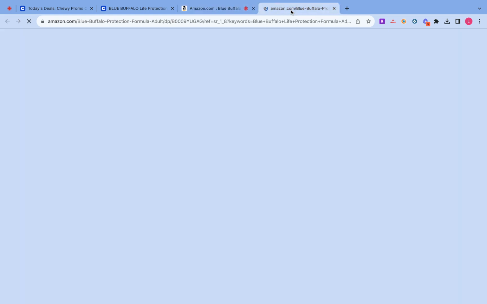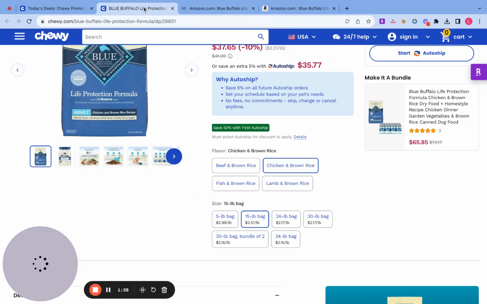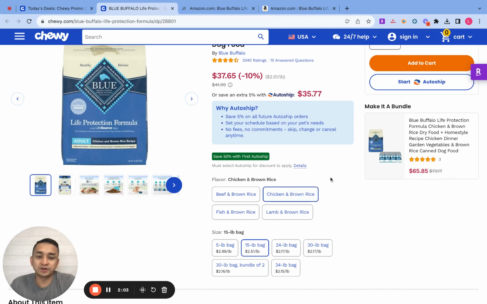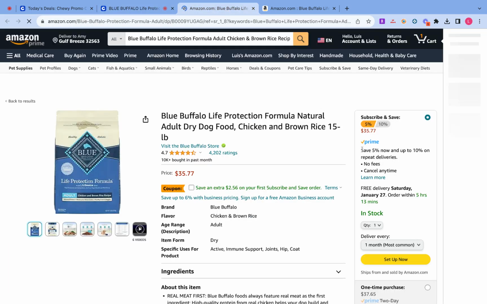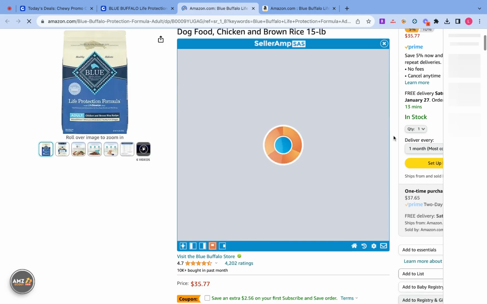Once you find the product, so this is chicken and brown rice flavor, 15 pounds. So I think it's the same product.